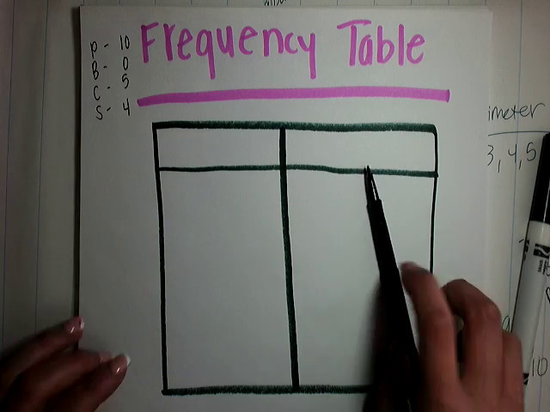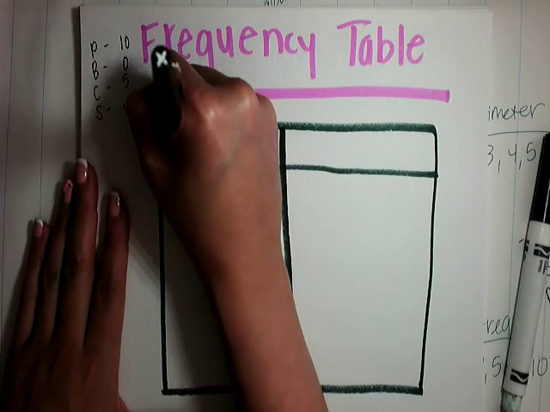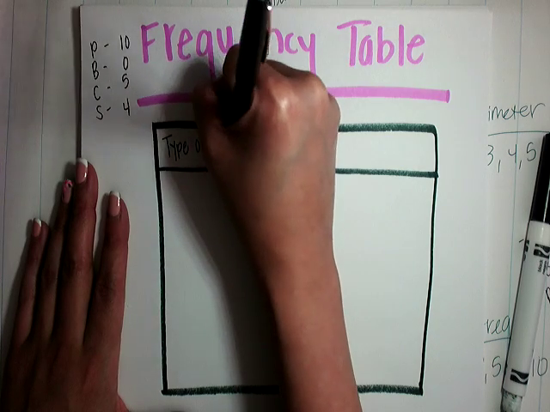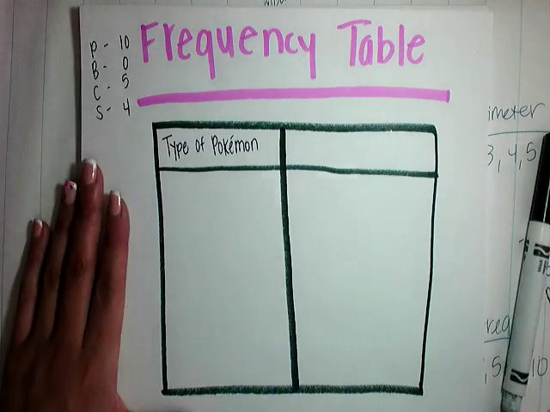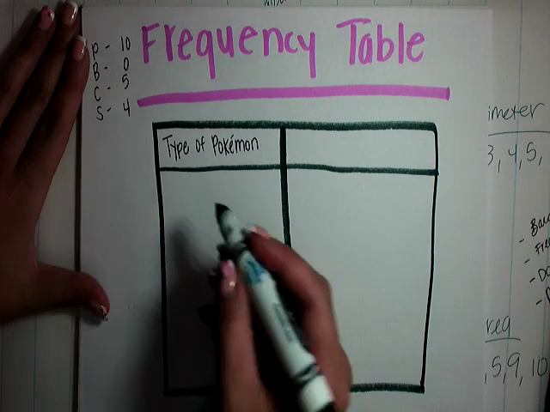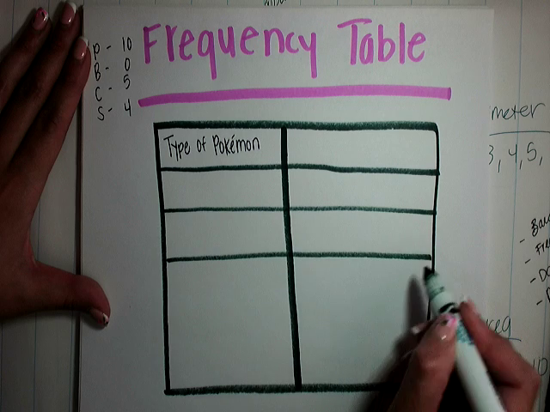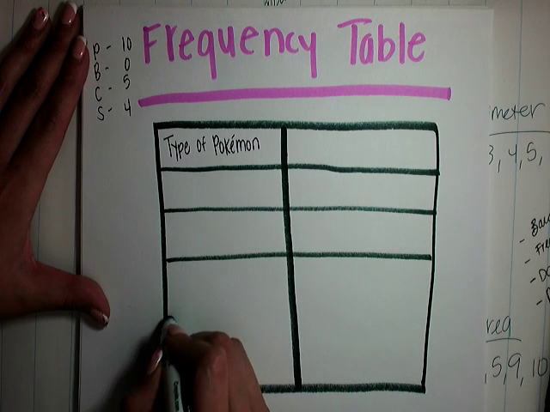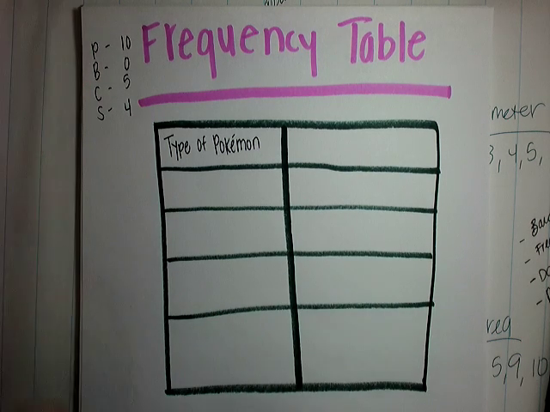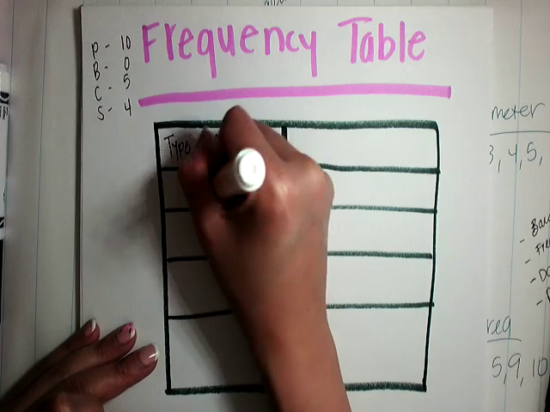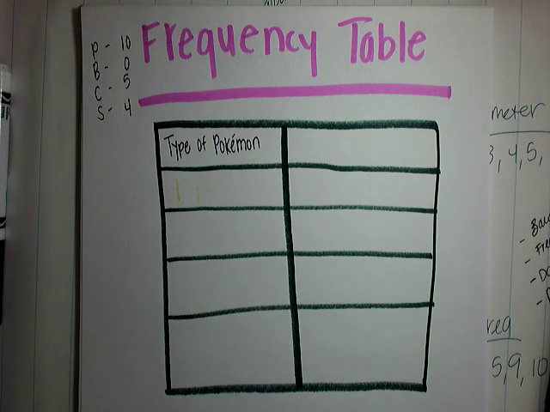So I'm going to put here type of Pokemon. Okay. So there were 4 types, sorry. 1, 2, 3, 4. So the first one was Pikachu. See if you can even see this. Oh, that marker doesn't even work. Trash.